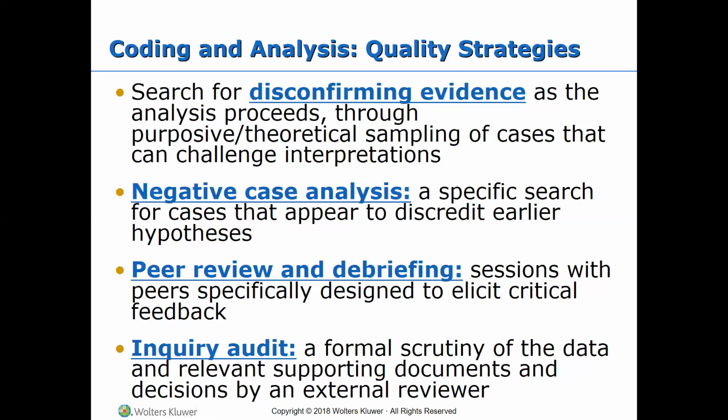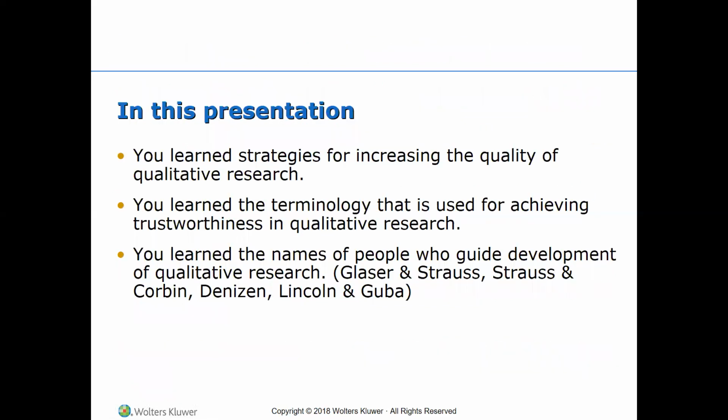And so there are qualitative strategies that are used to increase the trustworthiness of the data in qualitative research. So you should be looking for them in qualitative research that you read, and the more the researcher demonstrates their method in that way, the more trustworthy the data.